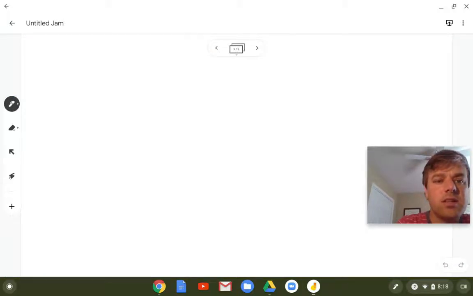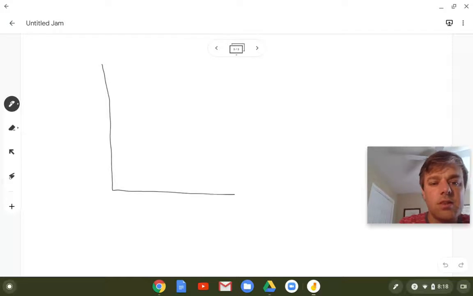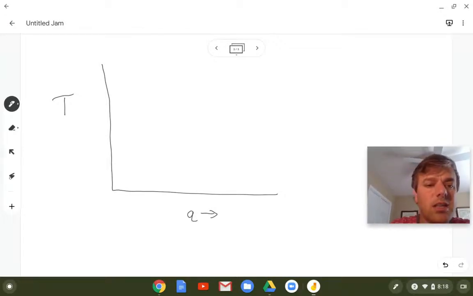But one last thing I want to show you today is something called a heating curve. I'm going to sketch out a little graph for you where we're going to have heat, which is represented by the letter Q, and temperature, represented by the letter T. Now, if we take a substance such as water and we start, let's say this is in kelvins, at 0, where at absolute 0, there's no heat.